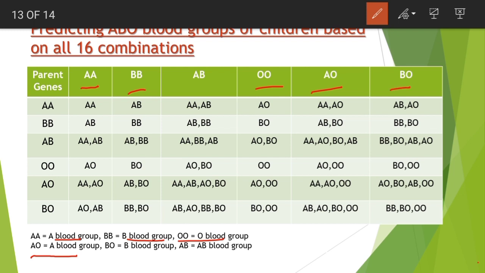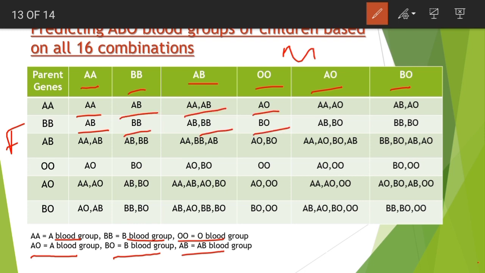There will be BO, which is also B blood group as B is dominant and O is recessive, and there will be AB, where A and B both are expressed as they are co-dominant in nature. Here is the male gamete, here is the female gamete. On the basis of that, the cross will take place and the results will be observed if we do all the 16 kinds of combinations present in the parent generation.